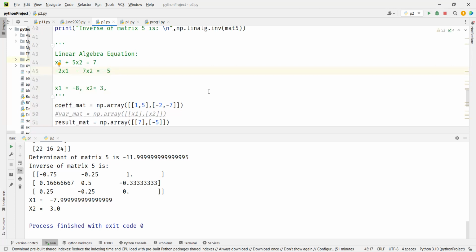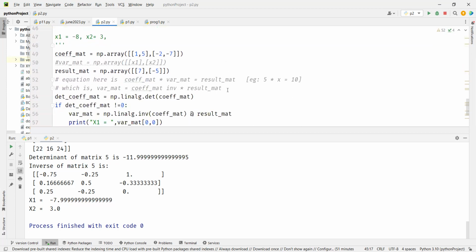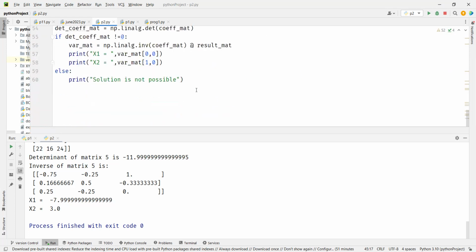Okay, makes sense? Okay, with that, we finish our Numpy topic.